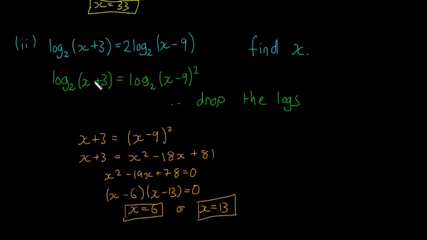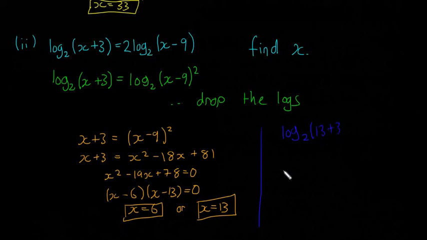Okay, so if you put, let me see, I'll go dark blue. So log to the base 2 of 13 plus 3, so I'm going to check this one first, is equal to 2 log to the base 2 of 13 minus 9.